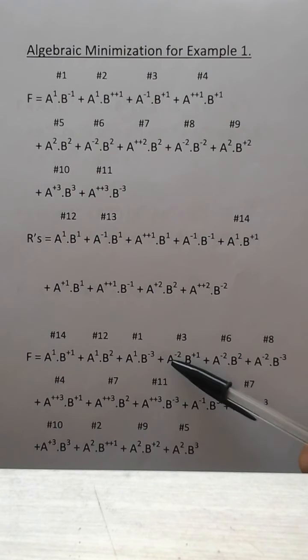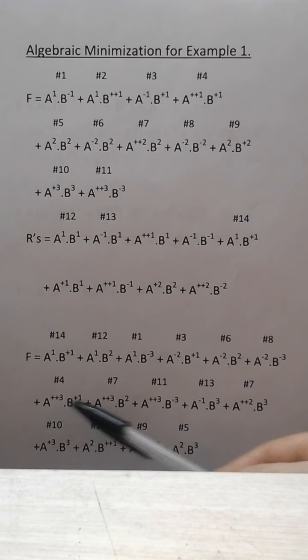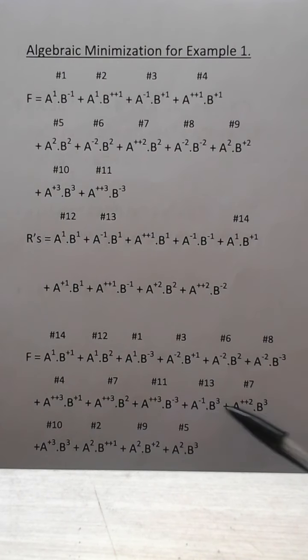The reason you do this is because you can factorize terms and change the 2-valued unary operators into 4-valued unary operators. So for example I'm going to factorize A1 here, A minus 2 here, A plus 3 here, B3 there, and A2 there. So let's have a go.